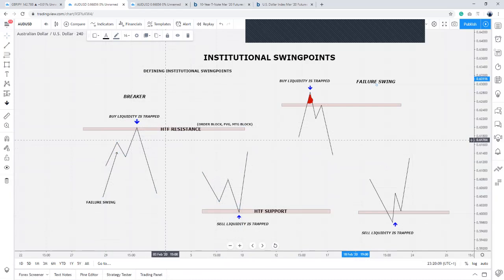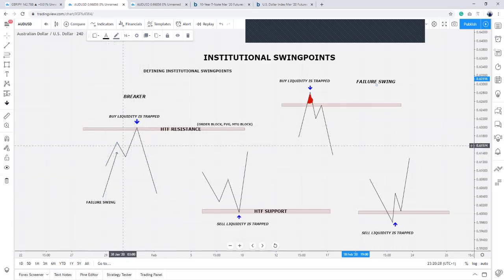Make sure you write that down on your notepad. The market never makes a major turning point from a smaller time frame level. It's usually off a weekly level, a monthly level, a daily level, or a minimum of a 4-hour level. Make sure you have that down in your notes.